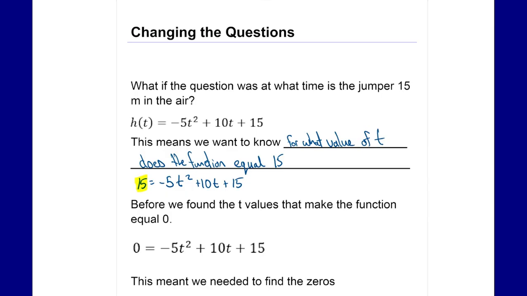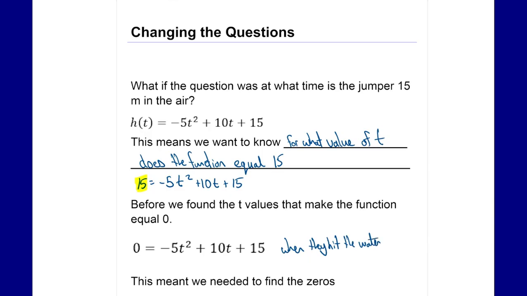If we wanted to, we might solve algebraically and find the values of t that work, but right now we're just going to use a graph. Before, we found the t values that made the function equal 0, which was when they hit the water.